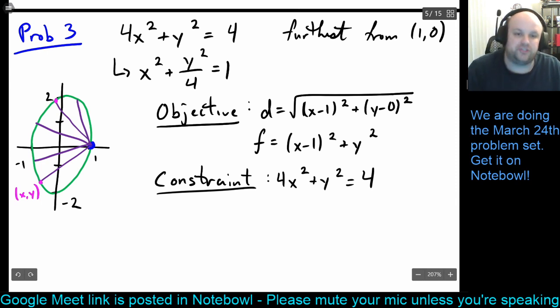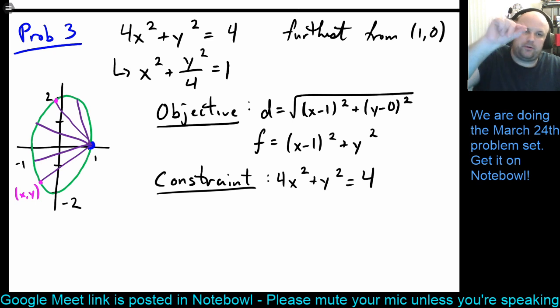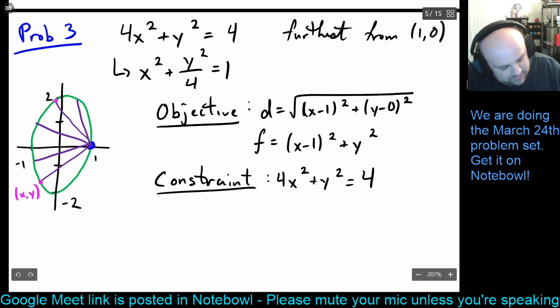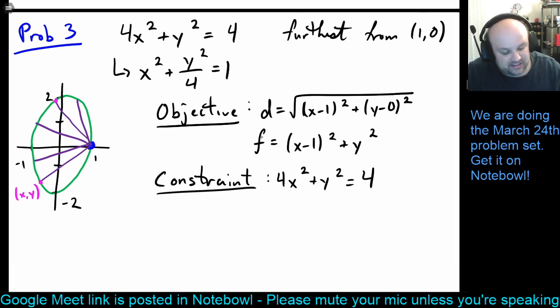That's our constraint. This makes sure that the only points x, y I'm allowed to choose come from that ellipse. Now, I still need to cut this down to a function of one variable.